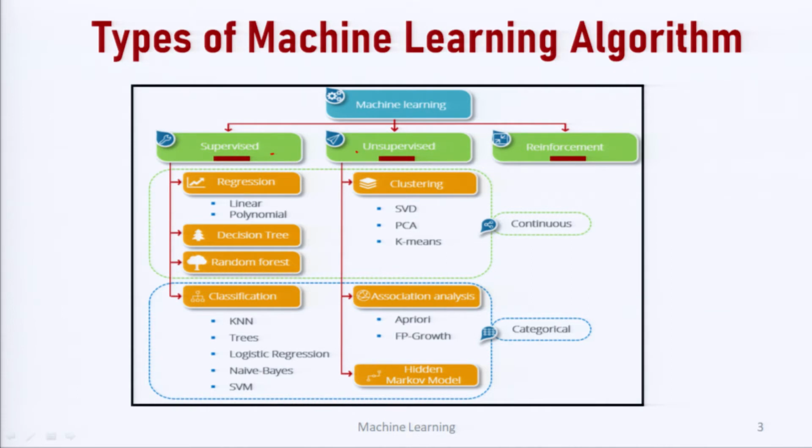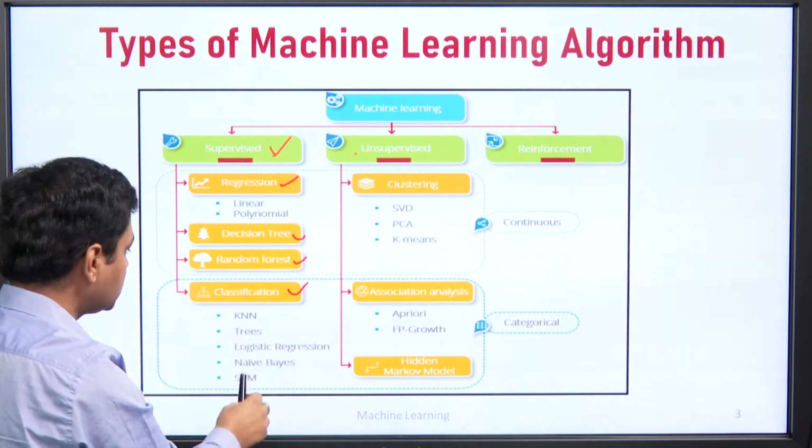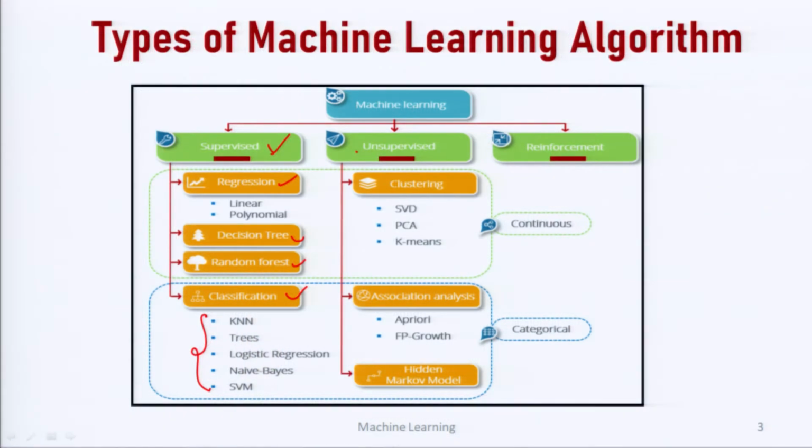So, in supervised learning algorithms we see problems related to regression, decision tree, random forest, and classification. So, if the problem is based on regression, decision tree, random forest, or classification, then we say that it can be solved by these supervised learning algorithms, and we can apply any of these algorithms on that particular data sample or problem.